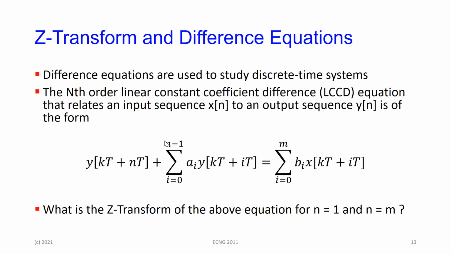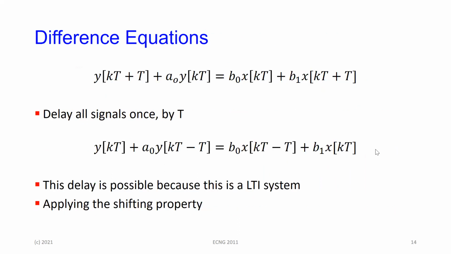And then we got to the stage where we looked at how to apply the Z transform to a difference equation, which is what we're trying to solve in the first place. If you apply the Z transform, you could look at the difference equation straight off.